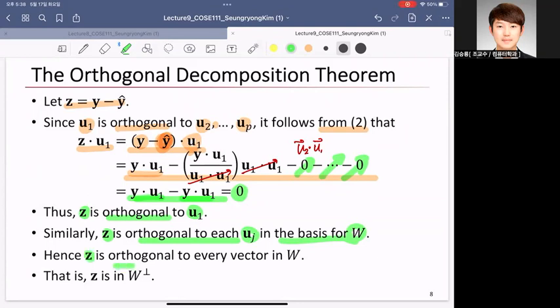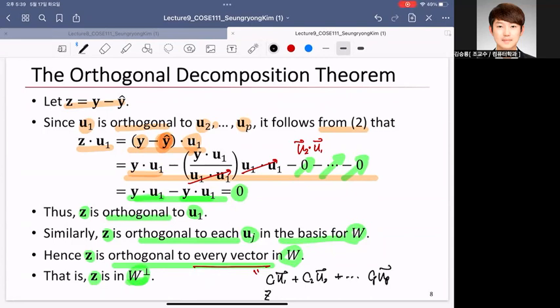Hence, vector z is orthogonal to every vector in W. Then z is in the orthogonal complement of subspace W, because the vectors u were a basis for the subspace W, so every vector in W should be orthogonal to vector z due to this fact.